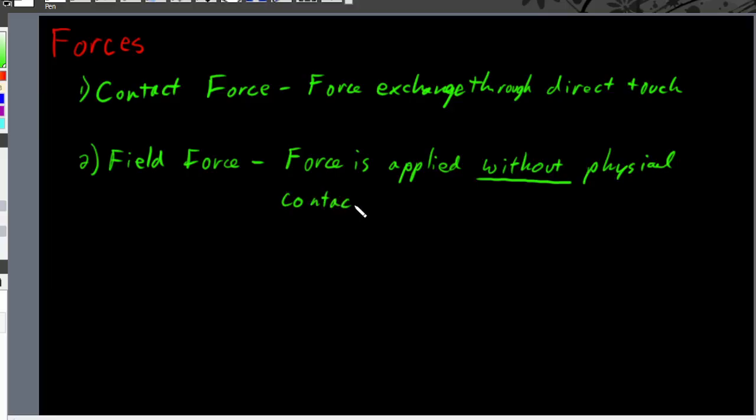And that sounds really weird. You're like, how can you apply a force without physical contact? And in general, you can't. But there are two types that students are generally familiar with.